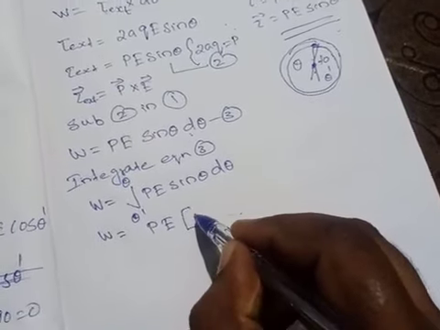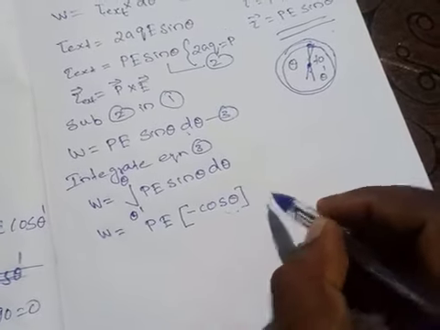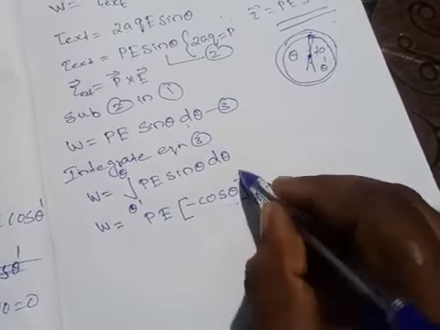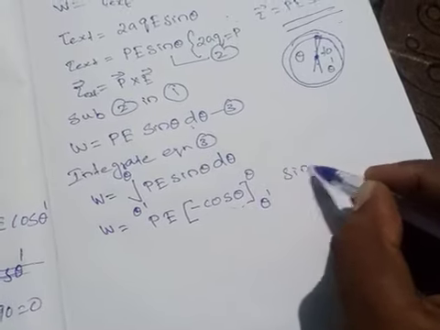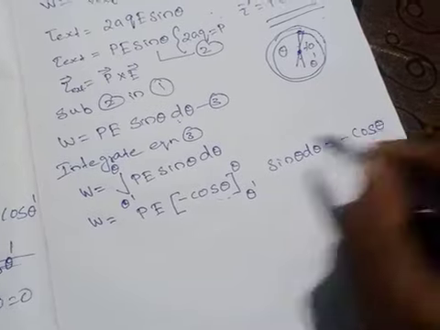We know the integration of sin theta d theta is minus cos theta. Put the limits theta dash to theta.